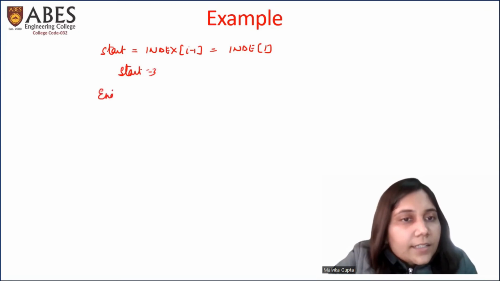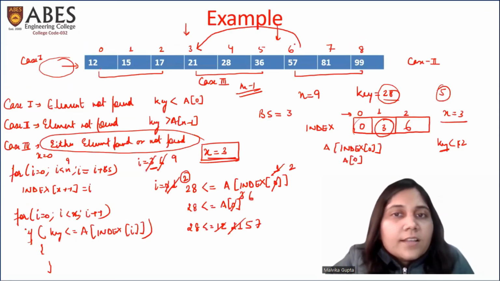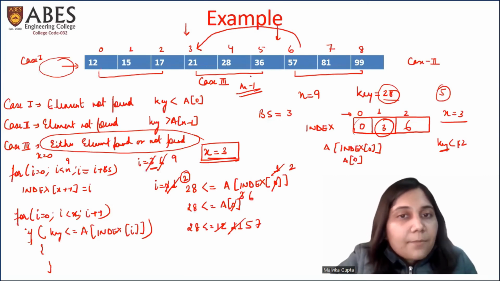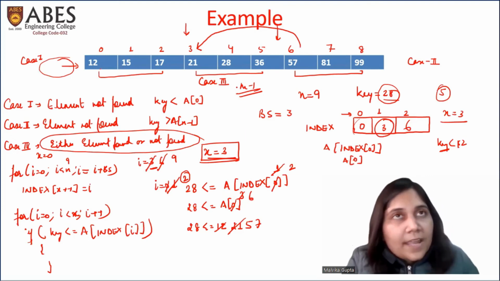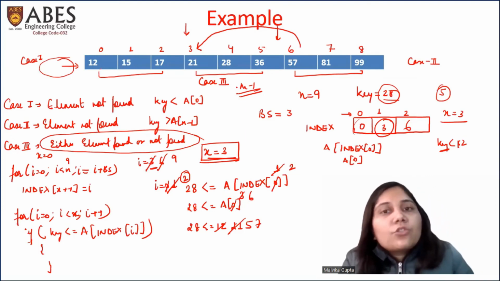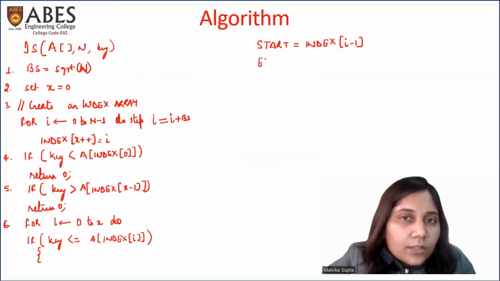Now, the last index which I want. Naturally, my next index should be 6, because I have to run m minus 1 elements. It means I have to run it 3 times. Total number is m, but because we are going to run it from 0 to m, it will be 0 to m minus 1. So if I write end, what will end become?